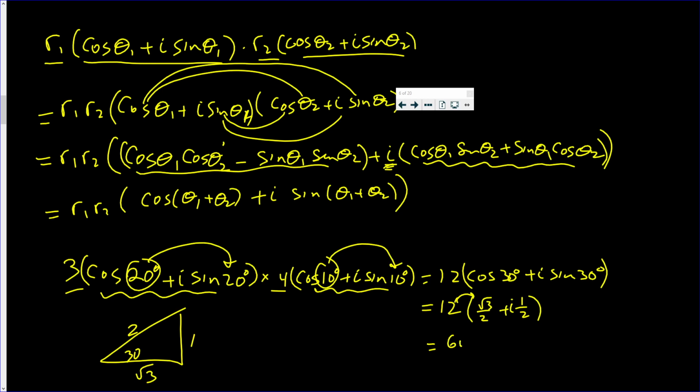Distribute, you get 6 square root of 3 plus 6i. Or if you want to factor out the 6, that's fine. Either one is acceptable. But that's pretty neat how we can get that answer so clean.